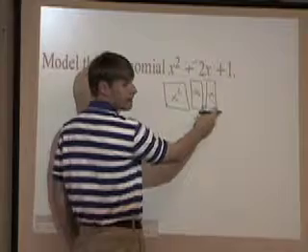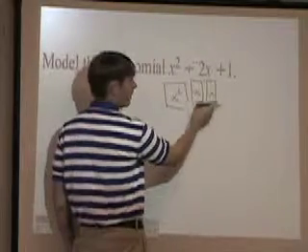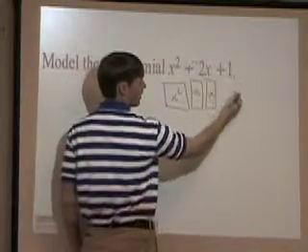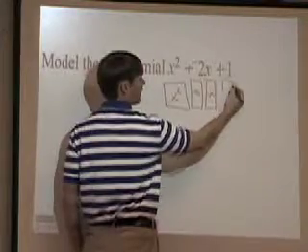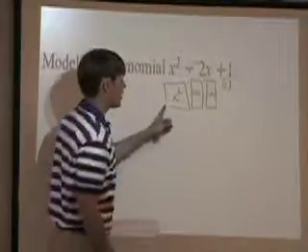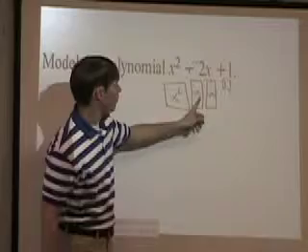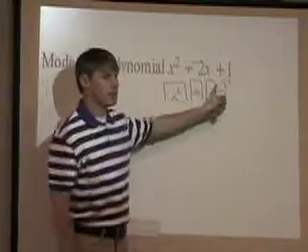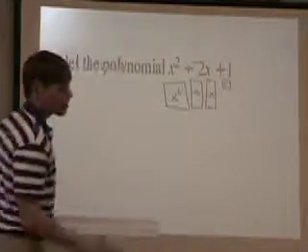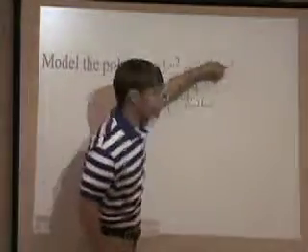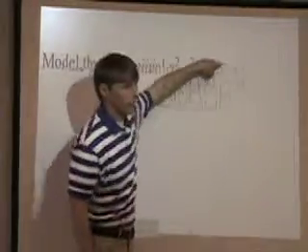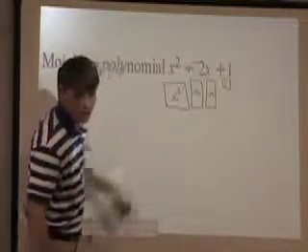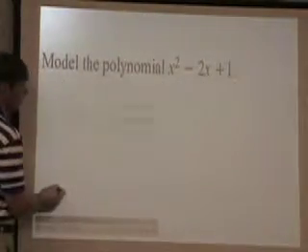Negative x makes what? Negative 2x. And then how do you do 1? One little block with a 1 in it. So this whole thing together is x squared plus negative 2x plus 1. We just modeled this. Is this a monomial or polynomial? Polynomial using algebra tiles.